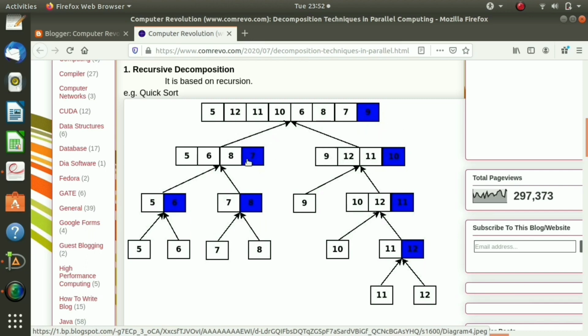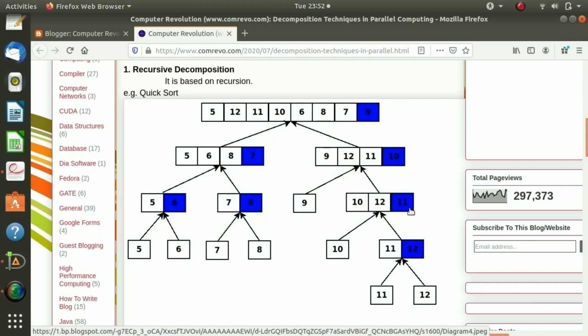Then in this example, we have taken 7 as a pivot element. So all the elements smaller than 7 are on this side, and 7 along with the elements larger than 7 are on this side. Here 6 is taken as a pivot element, so we got 5 and 6. Here 8 is the pivot element, giving 7 and 8. Here we have taken 10 as a pivot element, so 9 is lesser than 10, while 11 and 12 are larger than 10, so they are on another side.